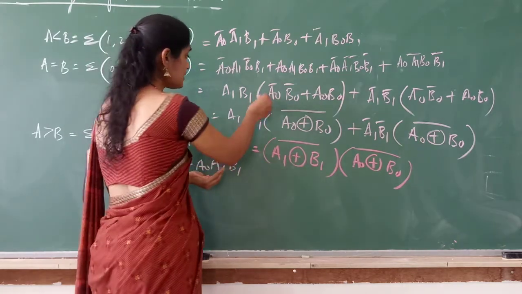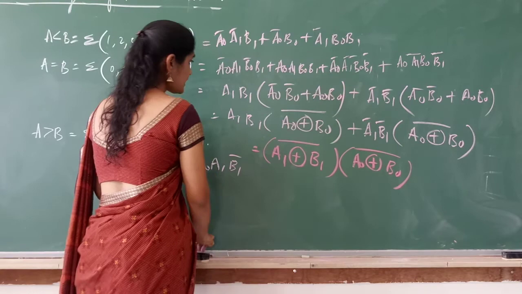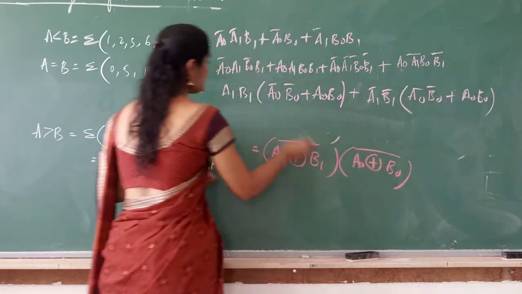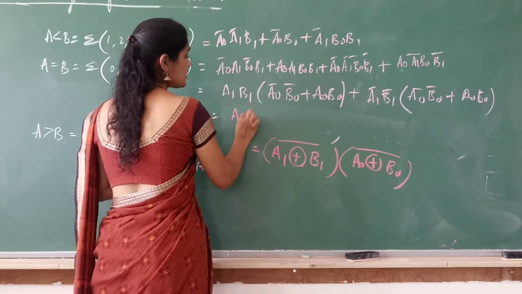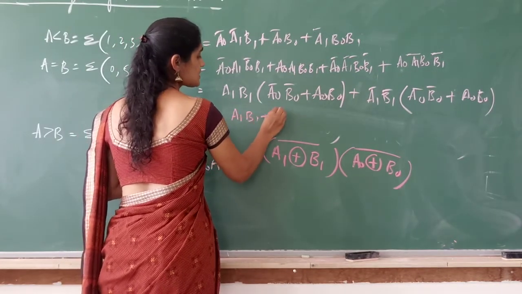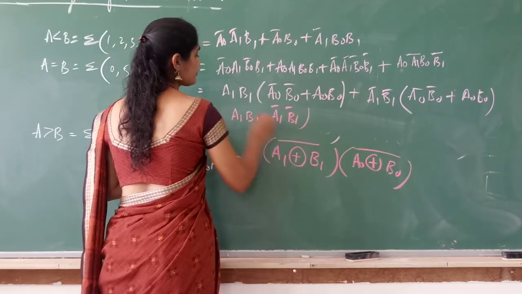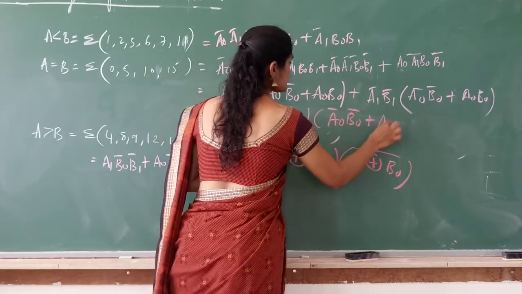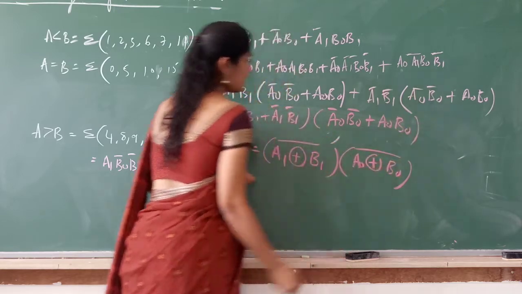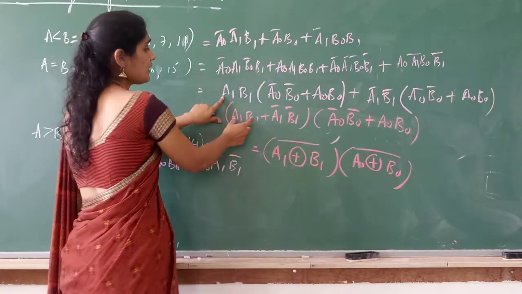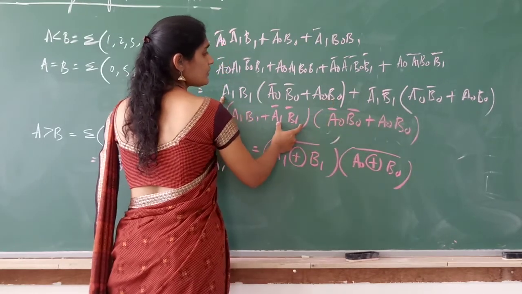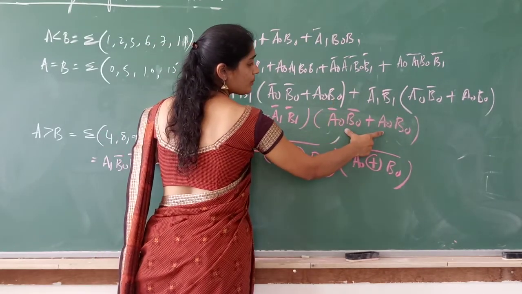Instead of writing like this, if you write the equations like this, maybe you will be more clear. This can be written as A1 B1 plus A1 bar B1 bar into A0 bar B0 bar plus A0 B0. This is A1 B1 into A0 bar B0 bar plus A0 B0, plus A1 bar B1 bar into A0 bar B0 bar plus A0 B0.